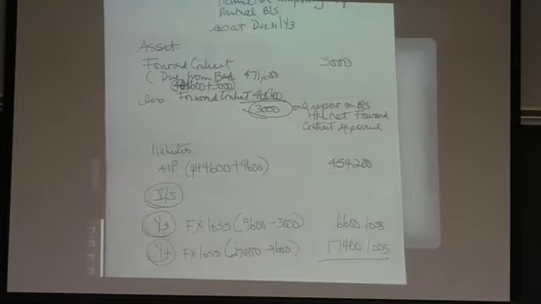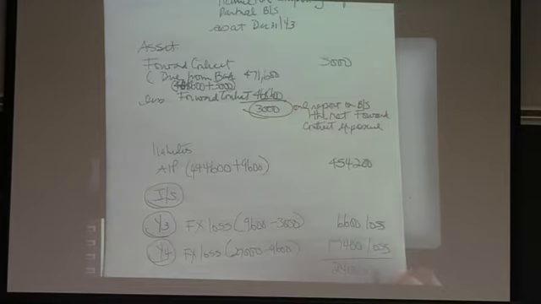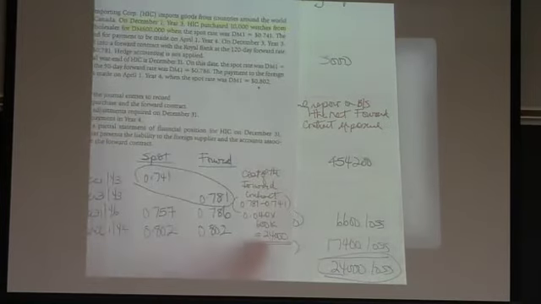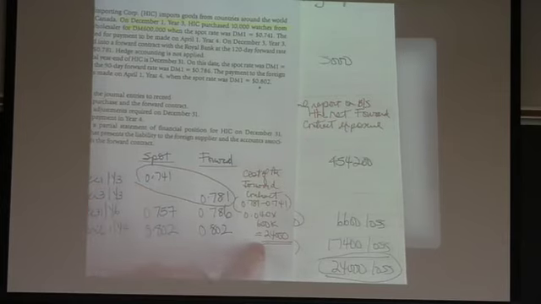The overall is a 24,000 loss, which is equal to what we said originally, wasn't it? We said that it was going to be the difference between the forward rate and the spot rate. And that's how we determined the loss.